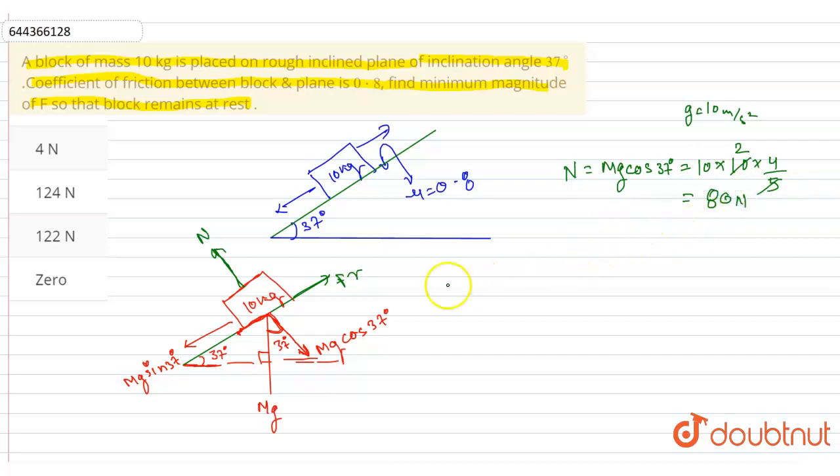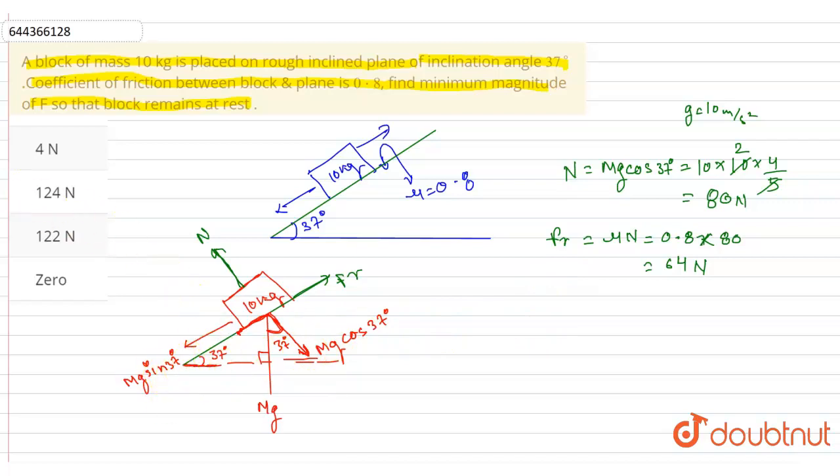Now we have to calculate the friction force. So friction force is equal to mu into normal reaction. So in this case mu is equal to 0.8 and normal reaction is equal to 80 Newton. So it is equal to 64 Newton. So now we have to calculate the value of mg sin theta.